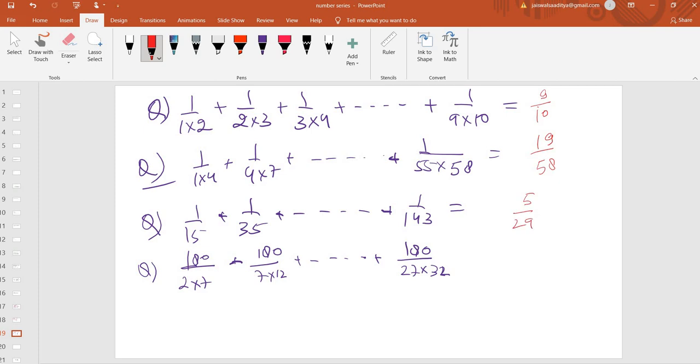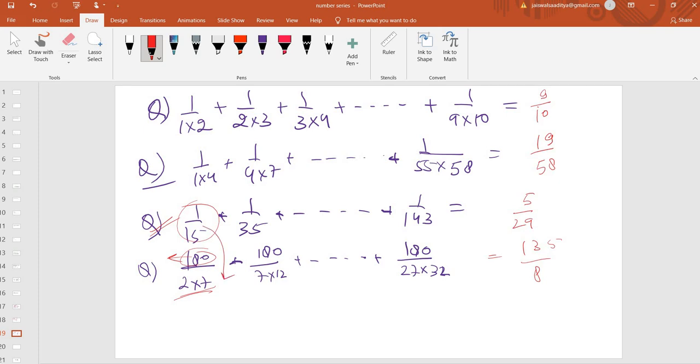Okay, I will say how to do this one. The answer for the last one is 135 by 8. In this you just take 180 common from the whole expression, and the rest of the things you can do. I think some of you can get the answers correctly, but for your sake I will explain the solution for this one.